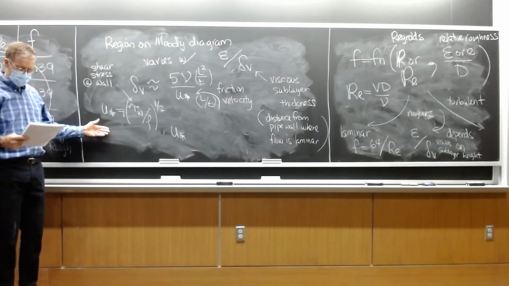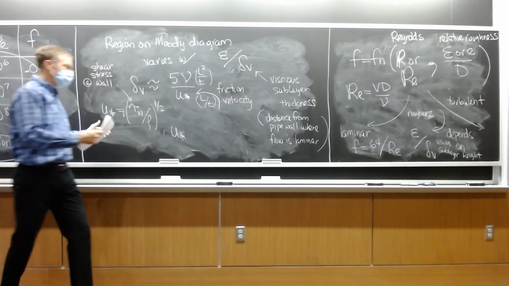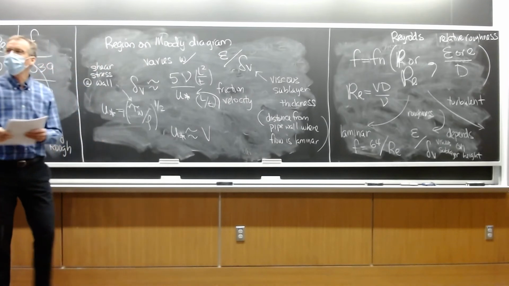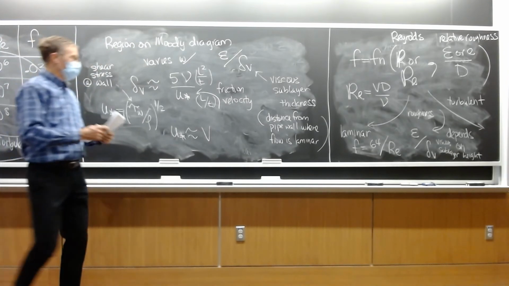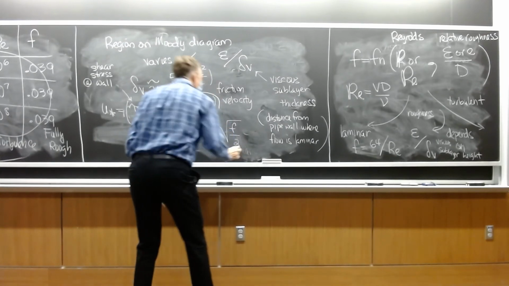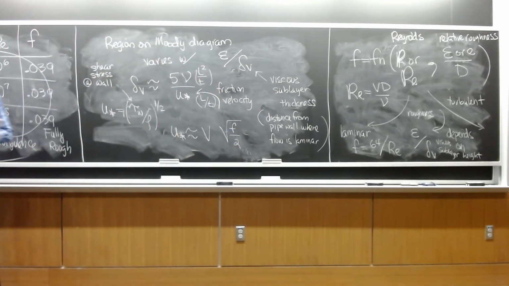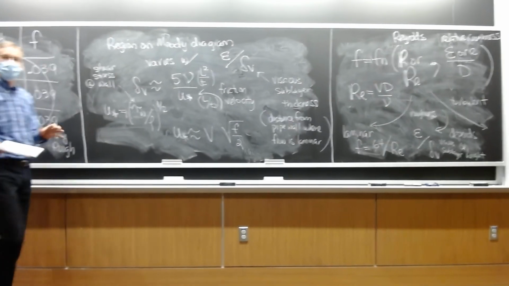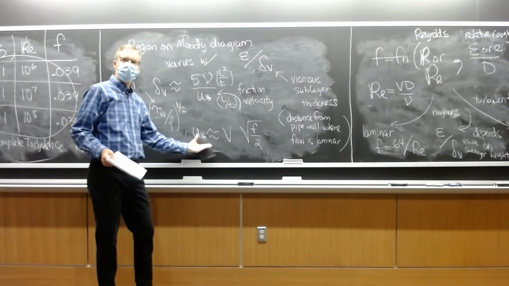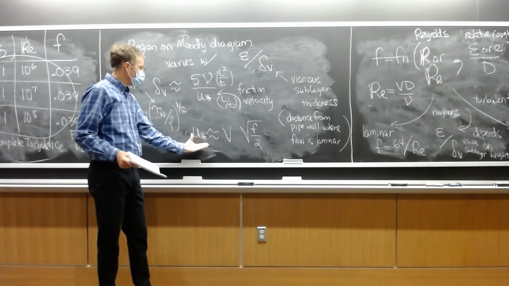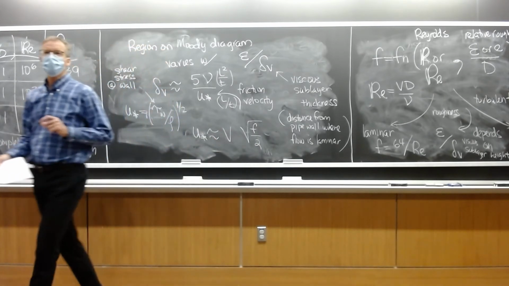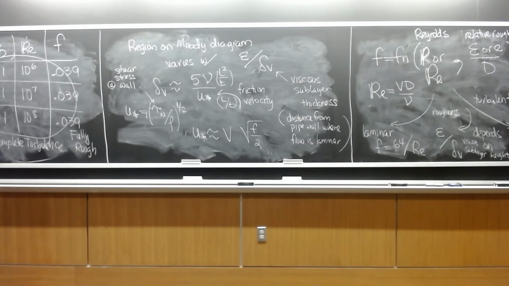An equation that makes more sense to us is to relate it to the cross-sectional average velocity and the friction factor, unfortunately. So we don't really know what the friction factor is or how to calculate it, but it has something to do with the relationship between this characteristic velocity for characterizing the friction and the cross-sectional average velocity.